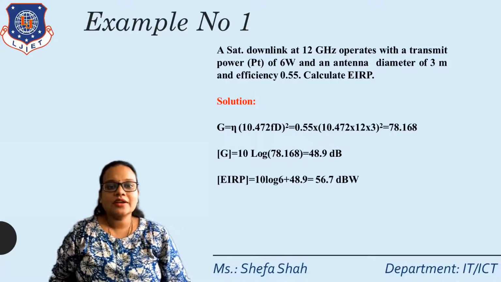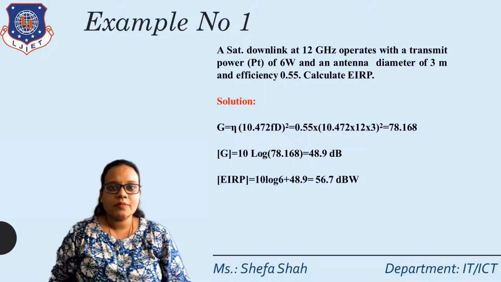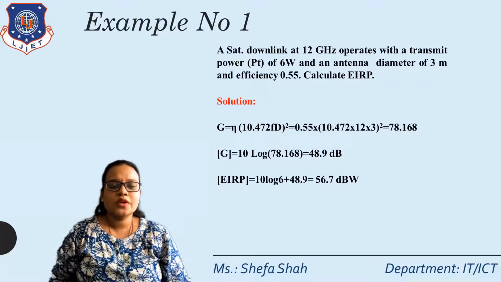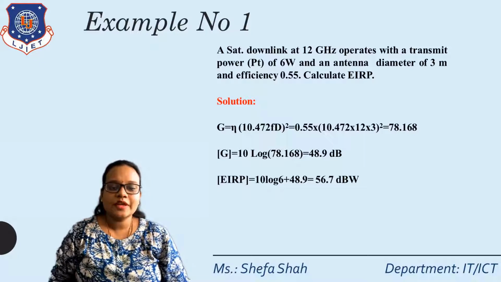Similarly, while converting 6 watt power into decibels, it is 10 log 6 watt. Whenever we add these both values, we get EIRP equal to 56.7 dBW. So this is EIRP, and this is how we calculate the decibel value in the space link.